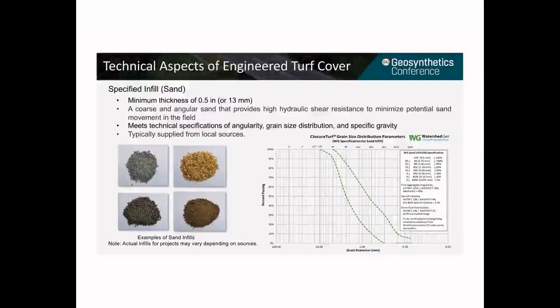The photos on the left show examples of sand infills. The figure on the right shows the technical requirements for the sand infill. The two dashed curves are the upper and lower bounds for the grain size distribution of the sand infill. The technical specifications were developed based on the hydraulic tests that I just described.